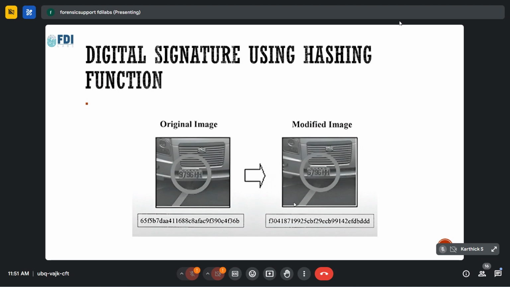This is how the digital signature procedure takes place, and this approach happens in the active image authentication method.